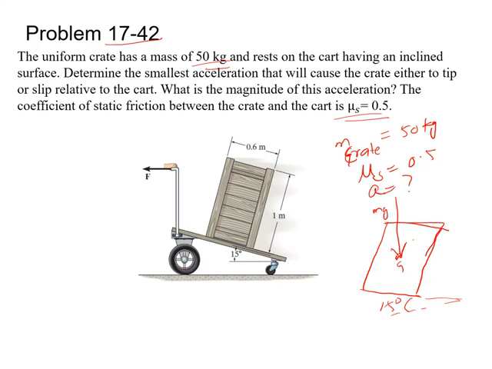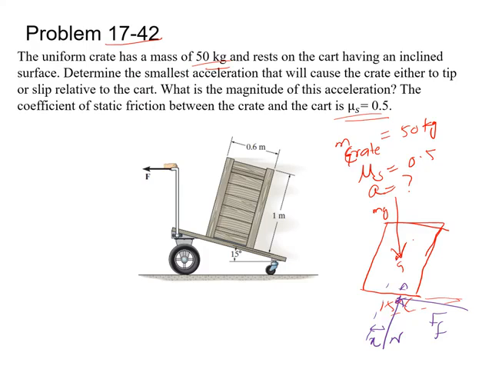This is the weight of the crate, and let us say this is the normal force acting on the surface. This normal force acts at a distance of x from the center of gravity point, and let us say this point is A, and at this point the friction force F subscript f is acting.